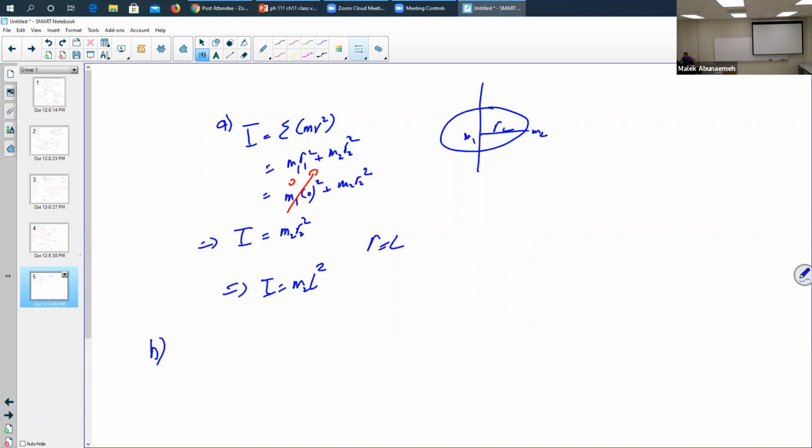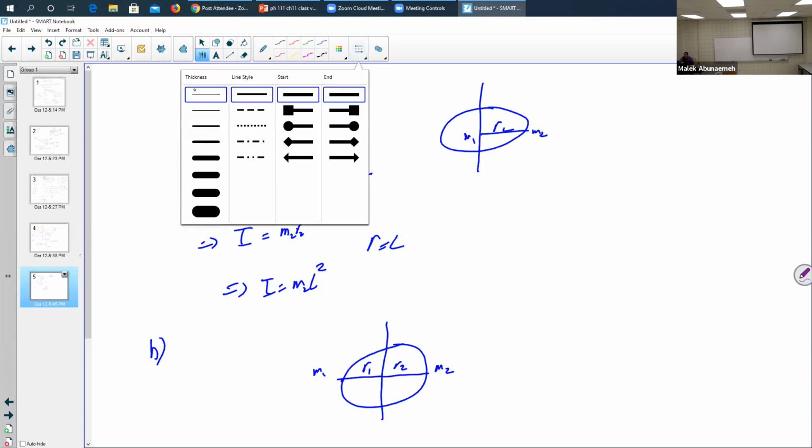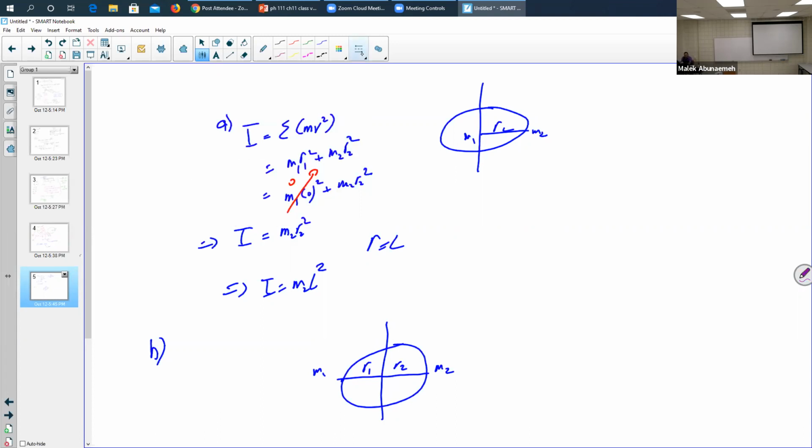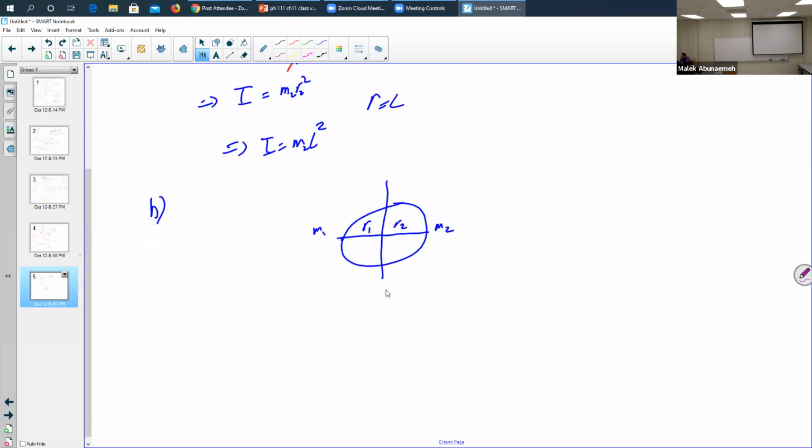Okay, part B. Part B stated that the axis is now halfway between both points. So this is going to be your R1, this is going to be your R2. Again, this is your mass 1, and at the end, this is your mass 2. That means your moment of inertia is going to be the summation of mr squared, which is m1 r1 squared plus m2 r2 squared.